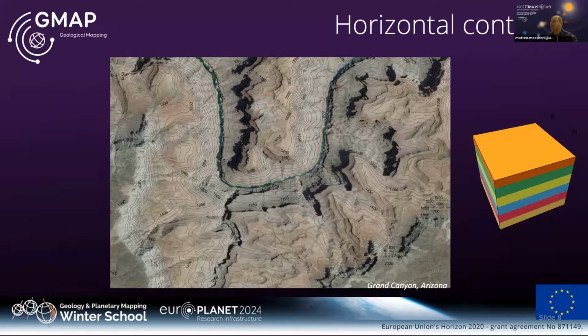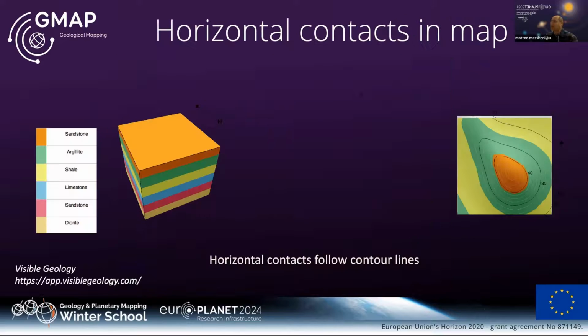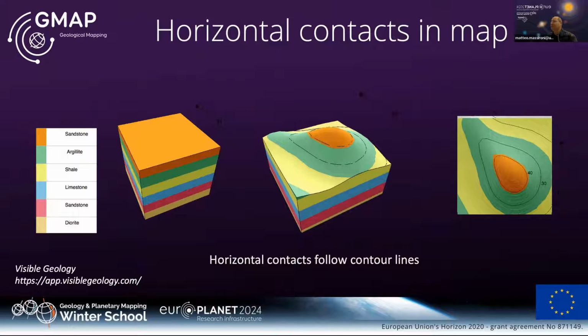If we superpose the contour lines, we see that the stratification is nearly following all the contour lines. This means that when we have horizontal stratification, horizontal contacts follow the contour lines. And this is quite a general view.